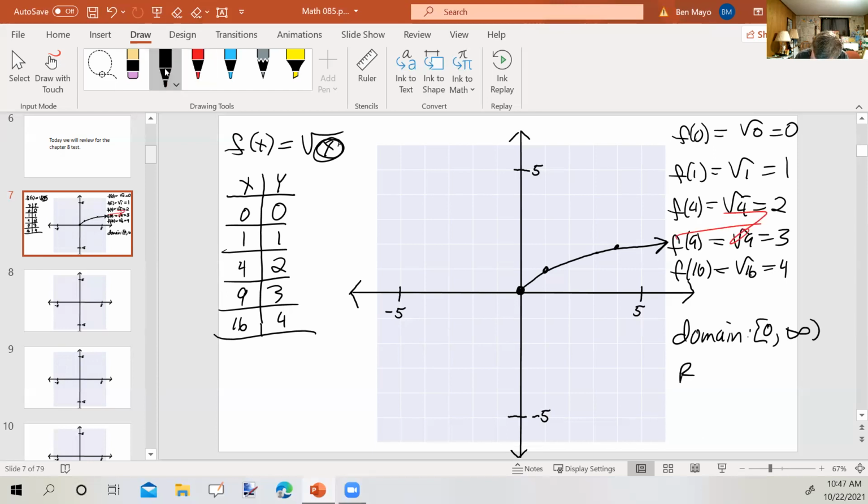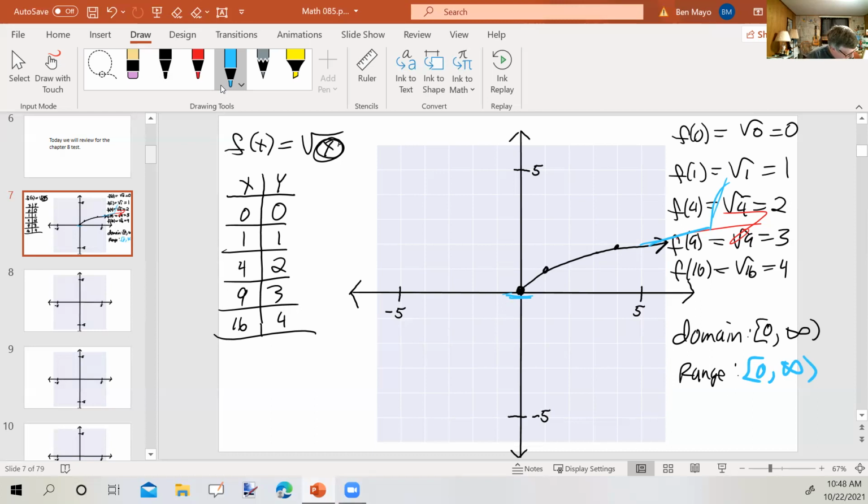The range also starts at 0, okay? The lowest y value is 0, and as this goes to the right, it's going up, so that's going to be from 0 to infinity as well, okay?